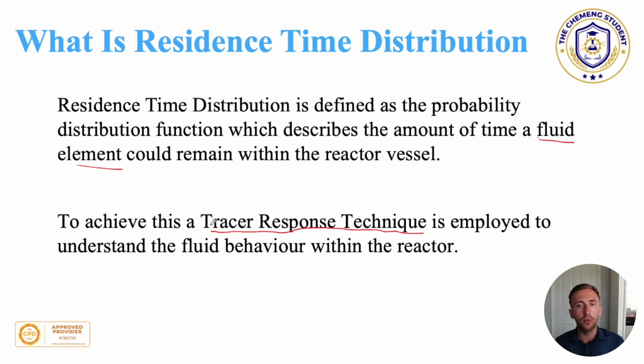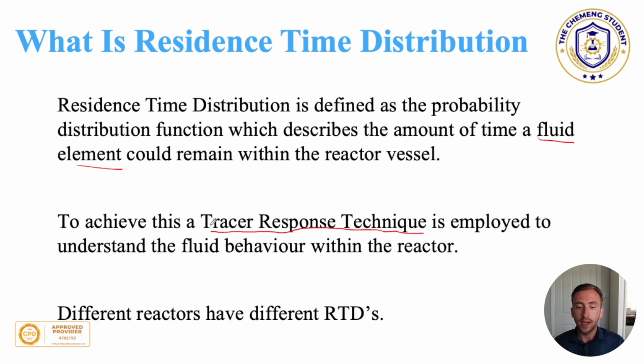Because ultimately what we want to know is what is the distribution of the molecules within the reactor from the inlet to the outlet. What do they actually do inside the vessel? Now, different reactors will of course have different residence time distributions. This can even apply to, say for example, CSTRs. So the residence time distribution of one CSTR would be different than if we had, say, CSTRs in series.